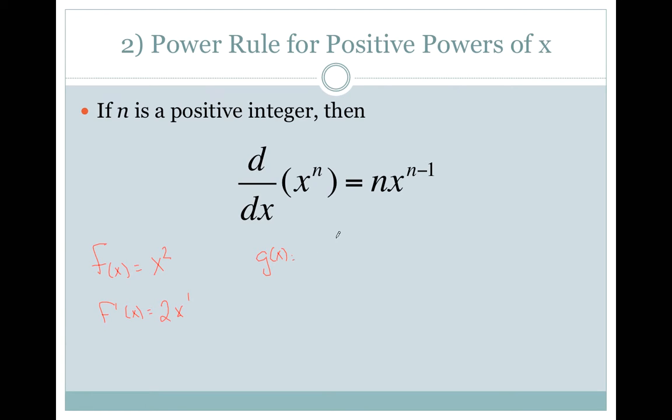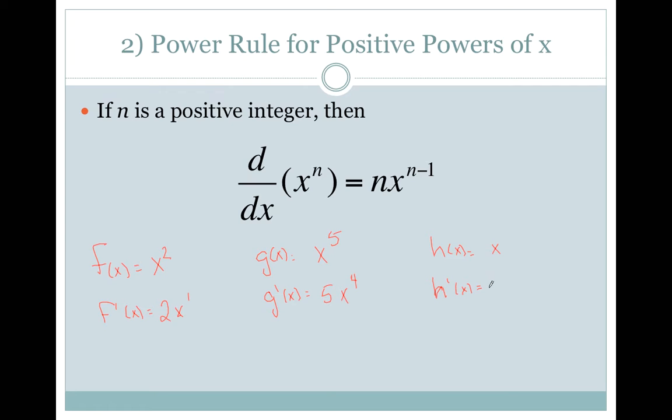If I give you the function that is x to the 5th power, this g prime of x, the derivative of that is going to be, okay, the 5 comes to the front, and we reduce the exponent by 1. If we have h of x is equal to x, h prime of x is going to equal, okay, that's x to the first.